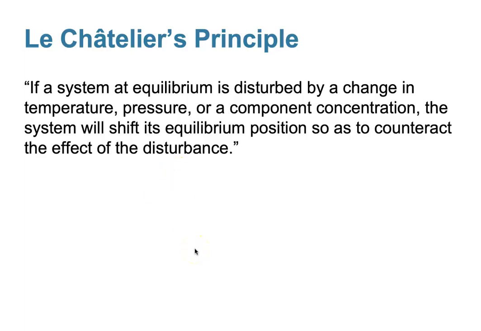All right, this is really where I wanted to be. Le Chatelier's principle. So if a system is at equilibrium and it's disturbed by a stress, and that stress is temperature, pressure changes, or concentration changes, the system will shift its equilibrium position so as to counteract the effect of the disturbance.